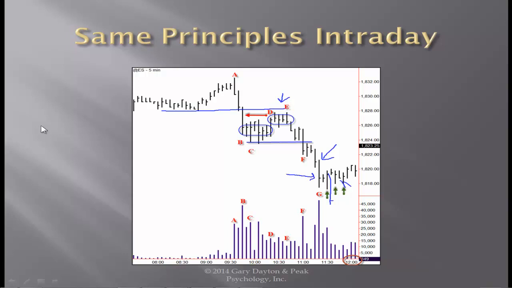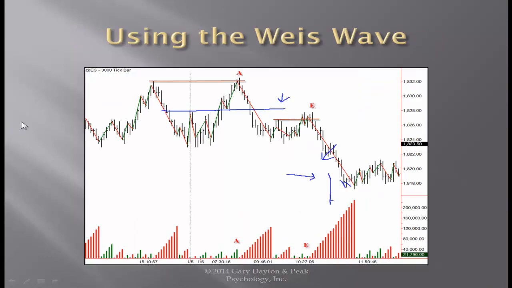Next chart, okay. Let's take a quick look at the Weiss wave. I only want to do this briefly. This is the same chart. Now, that was a 5-minute chart. This is a tick chart, and with tick charts you can compress the overnight data nicely, and you can see that this was, I think, yesterday's high, and so we actually up-thrusted yesterday's high.